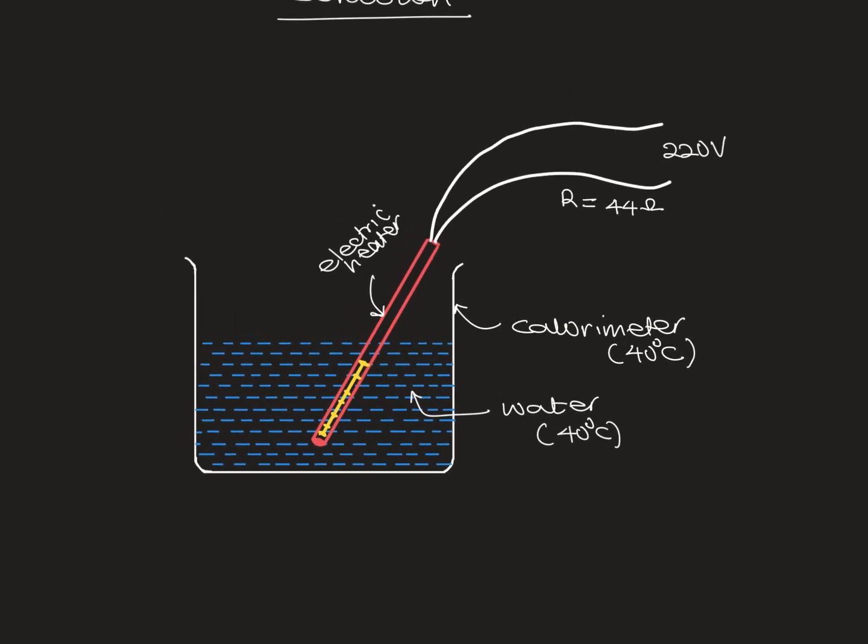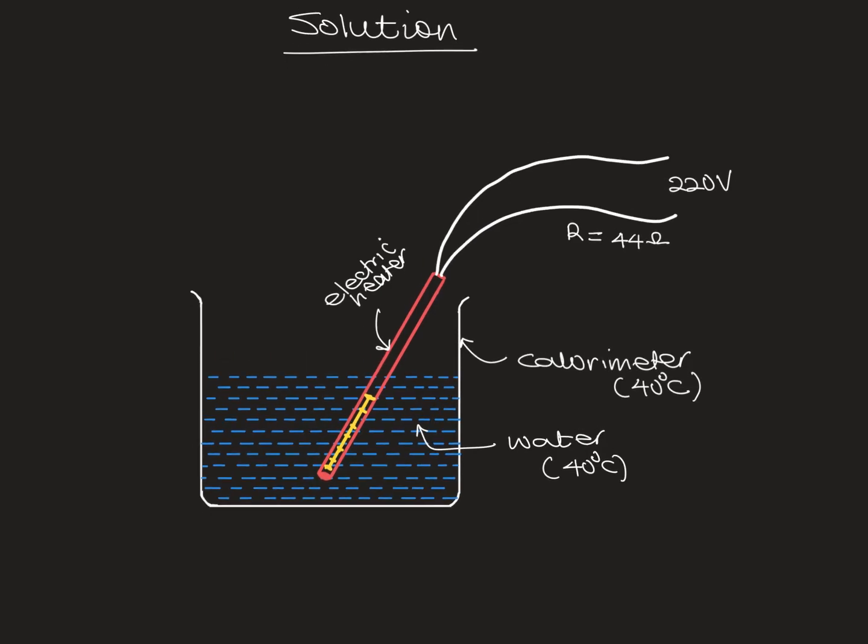So the water that was initially at 40 degrees Celsius was heated until it boils. Which means the final temperature that was attained was 100 degrees Celsius, because we know that water boils at 100 degrees Celsius.